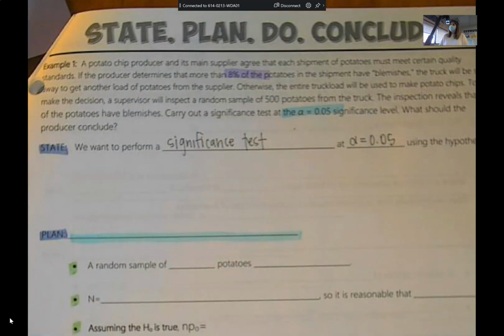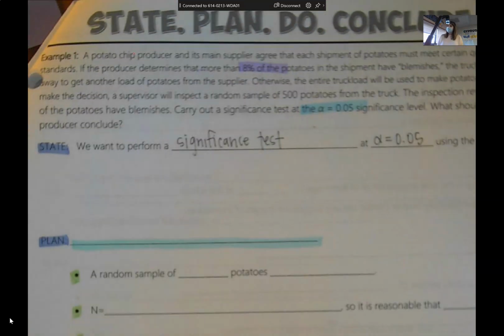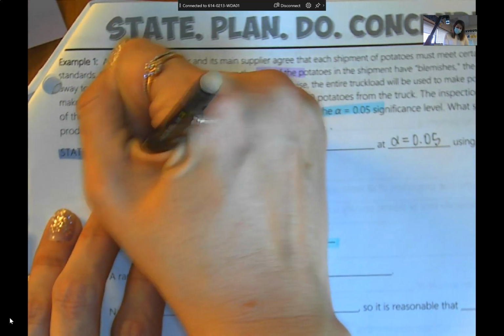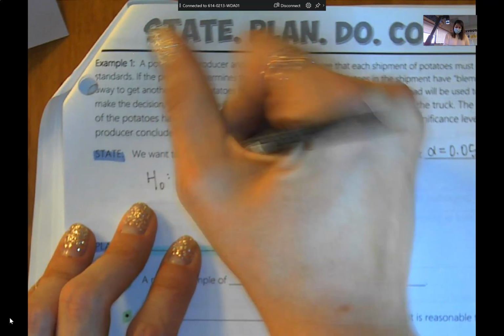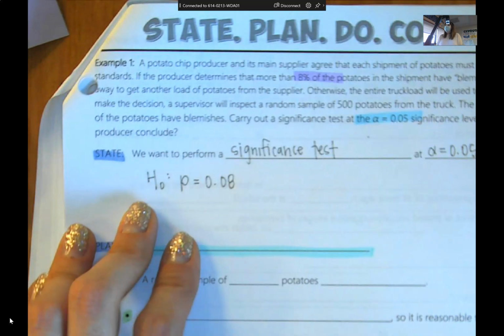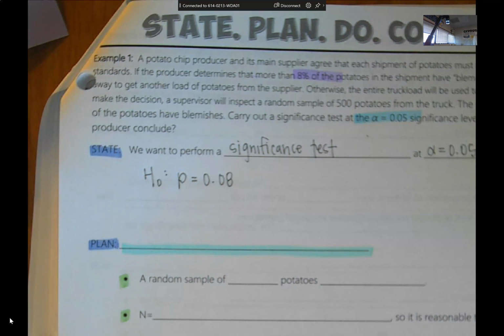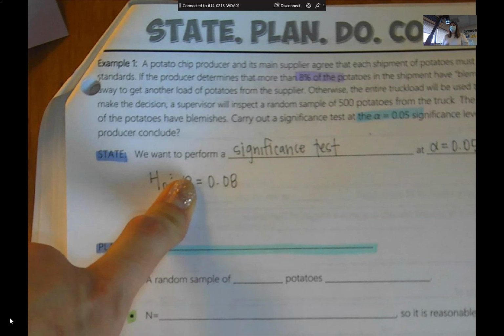So we want to do a significance test at alpha equals 5% using the hypotheses H0 is that P is equal to 8%. Really, we want it to be less than 8, but when we do a null hypothesis, we always use an equal. So we're just going to say equal to 8%.